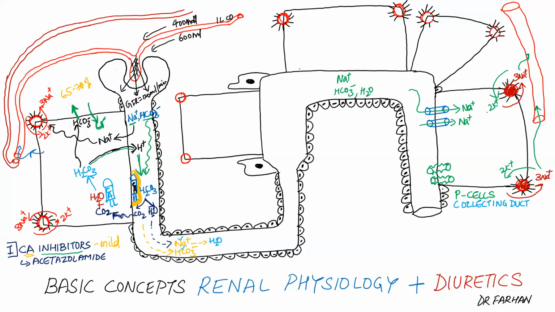And by virtue of the sodium potassium ATPase pumps, it gets thrown out into the circulation and reabsorbed. When 3 sodium are pumped out, 2 potassium come in. So what will this cause? This will cause the potassium to be thrown outside by the potassium ion channels.